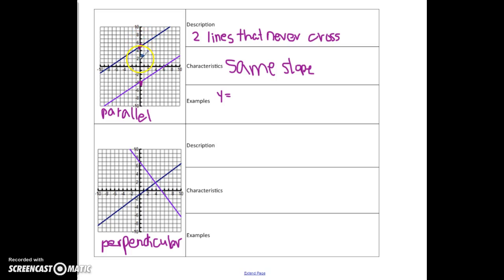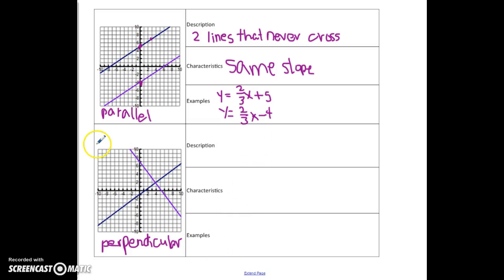And then if we count the slope, it goes up 2 to the right 3. So that would be 2/3 x plus 5. And then 2/3 x minus 4. So there's our example.